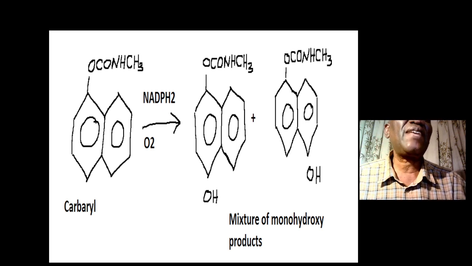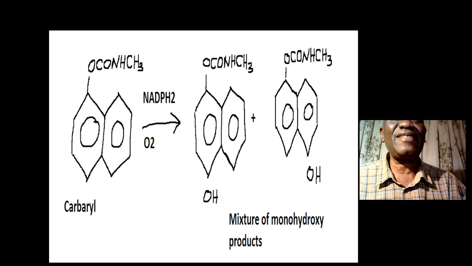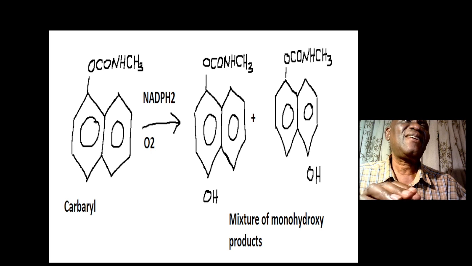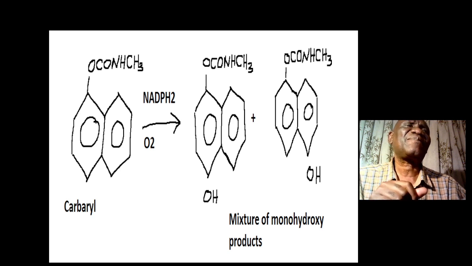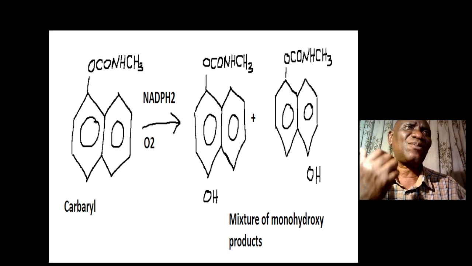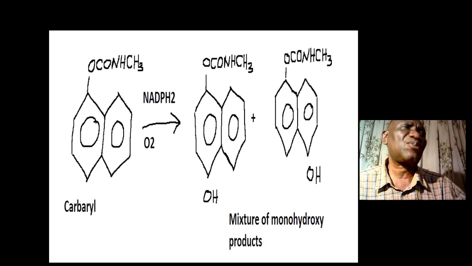In fact, we have a mixture of products depending on where OH has been inserted on carbaryl. This could be happening in an insect because the carbaryl is an insecticide applied to insects, and when the carbaryl enters the insects, these things can start happening. Once carbaryl has got an OH, then it's no longer useful.